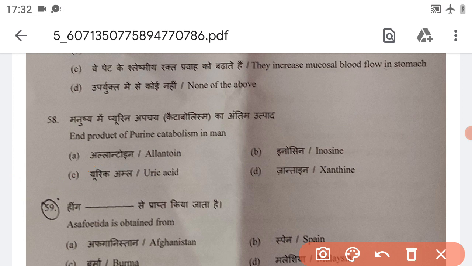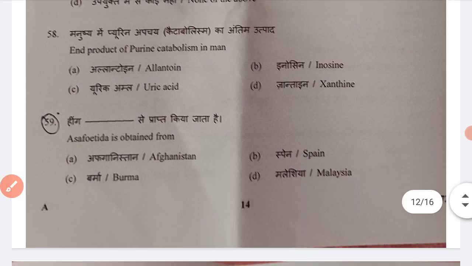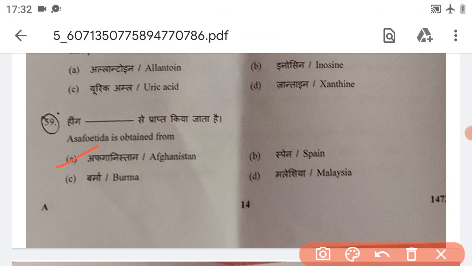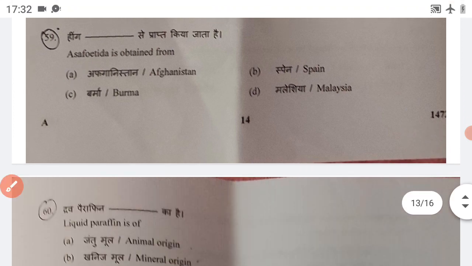So asafoetida is obtained from Afghanistan, popular nowadays. So they give this question.